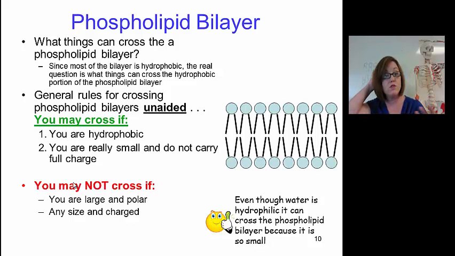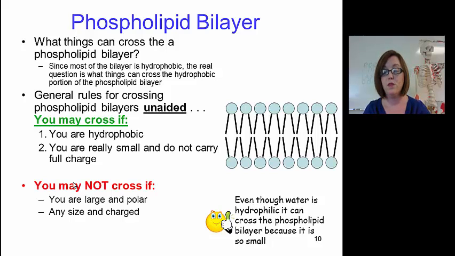So I have some general rules for crossing phospholipid bilayers unaided. You can cross the phospholipid bilayer if you're hydrophobic, because the phospholipid bilayer is mostly hydrophobic, and hydrophobic things mix well with other hydrophobic things. So if you're hydrophobic, you can cross.